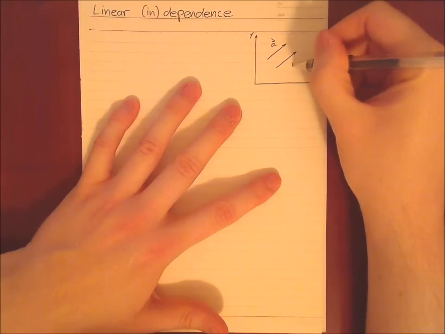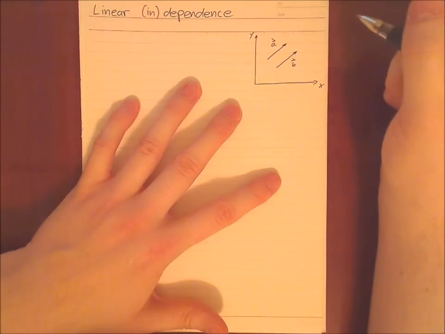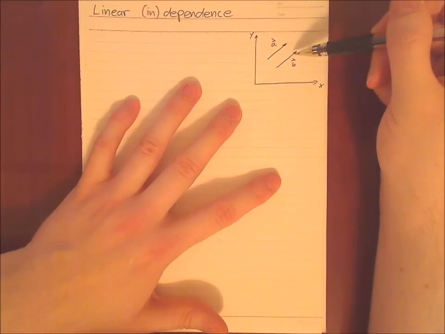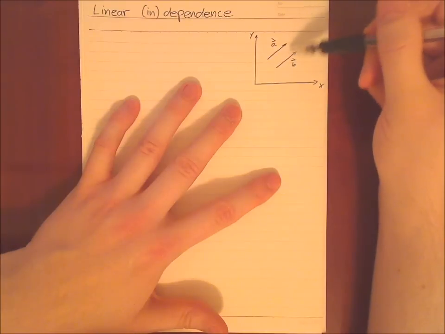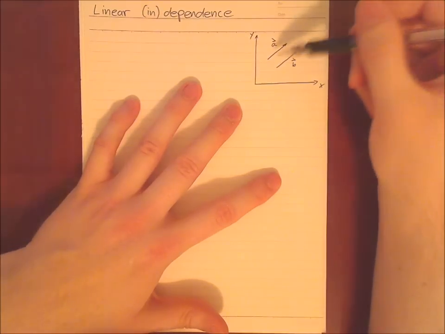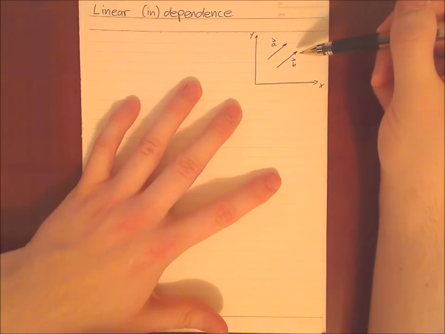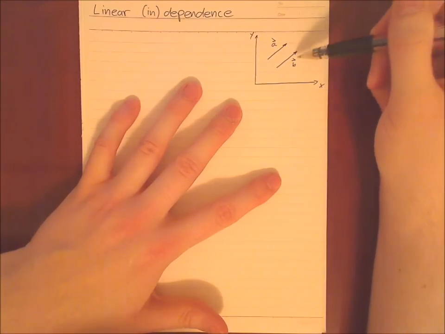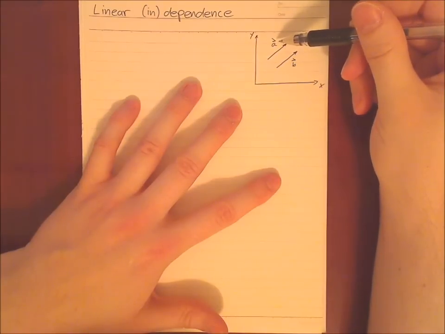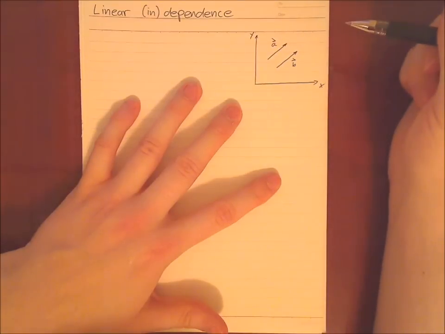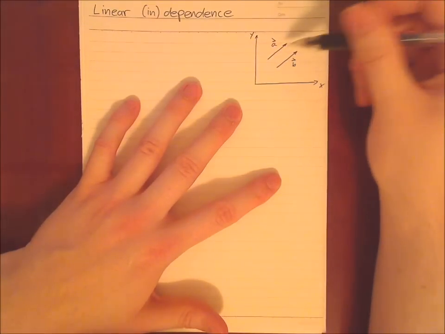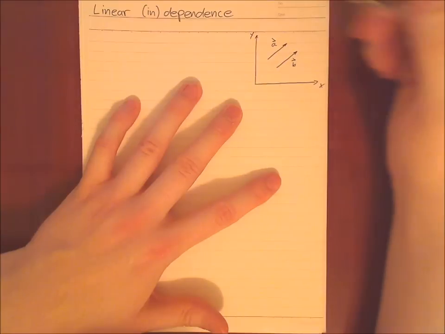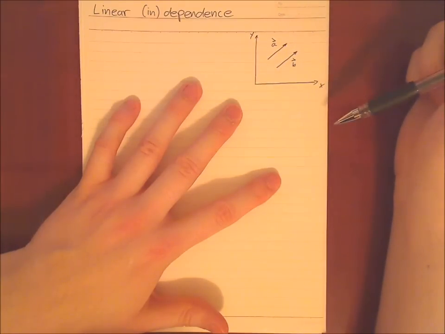One I call A, the other one B. In this case we see, okay, maybe both vectors don't have the same length, maybe not exactly, just about, but we can say both have the same direction, and then we can say A is a multiple of B, or B is a multiple of A. When there's a connection like this between two vectors, we can say they're dependent, or there's linear dependence between both vectors.